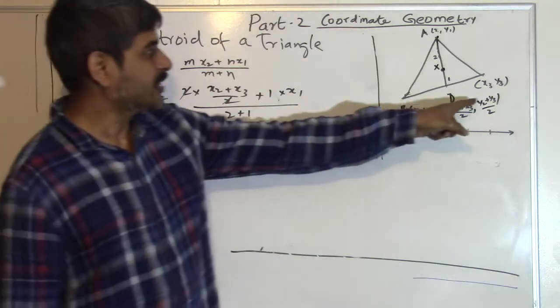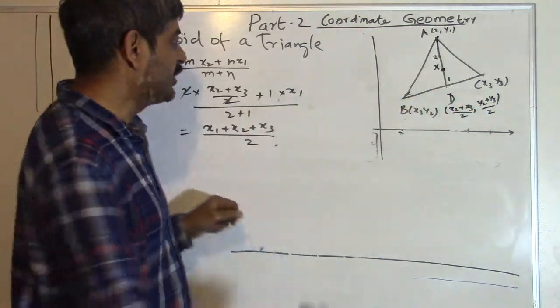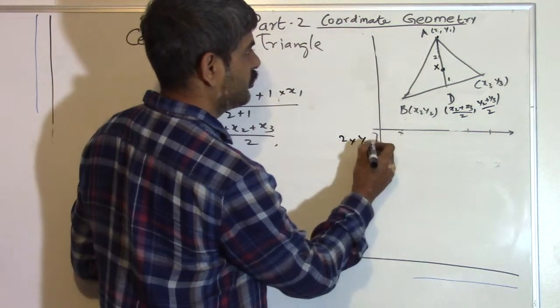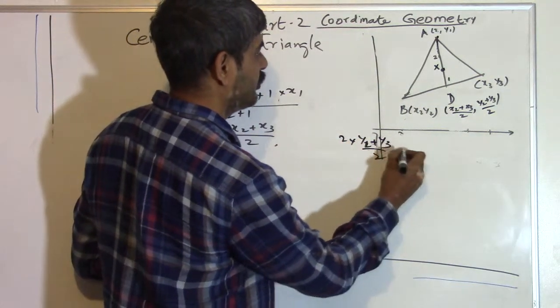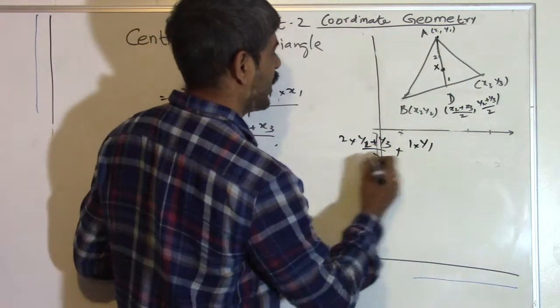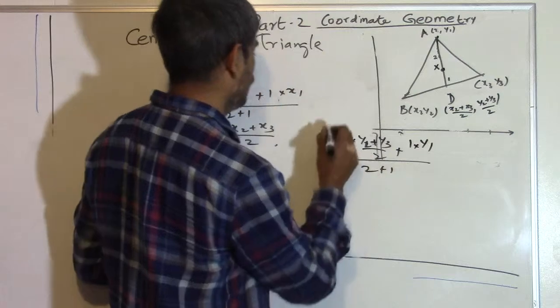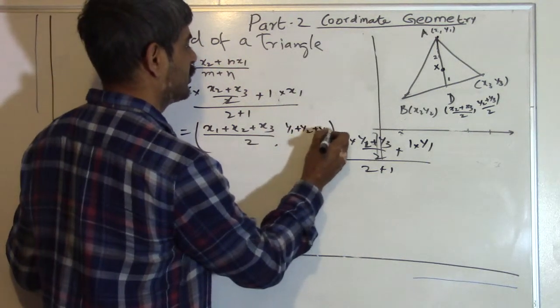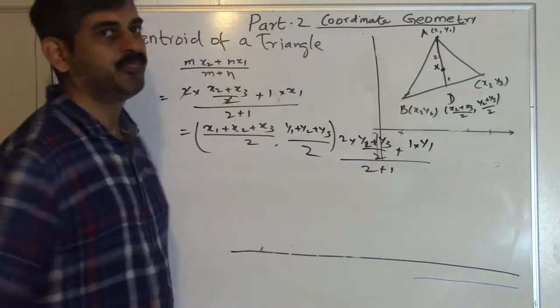In the same way, we can find the y part, which will be 2 into (y2 plus y3) divided by 2 plus n y1, which will be 1 into y1, divided by 2 plus 1. So we can write this coordinate as (y1 plus y2 plus y3) divided by 3.